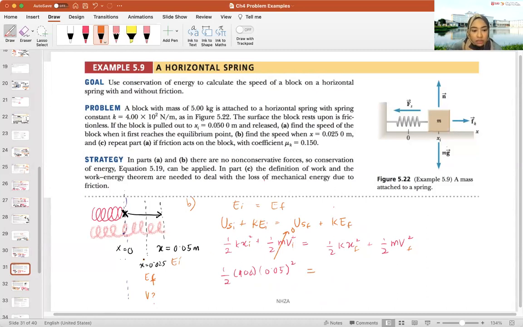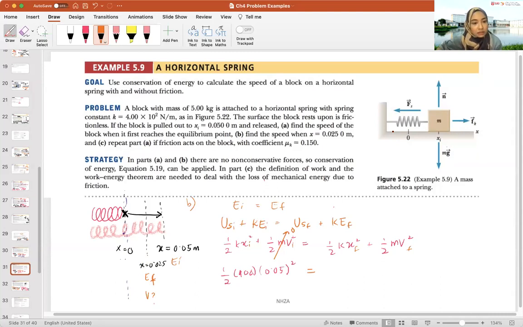And then when we reach 0.025, do we have UG or not? Ni tak ada pole. Do we have UG or not? UG pula, US, sorry. Do we have spring potential energy or not? When we reach this point, ada ke tak ada? Yes, we have. Sebab equation kita adalah PES equals to 1 over 2 kx squared.